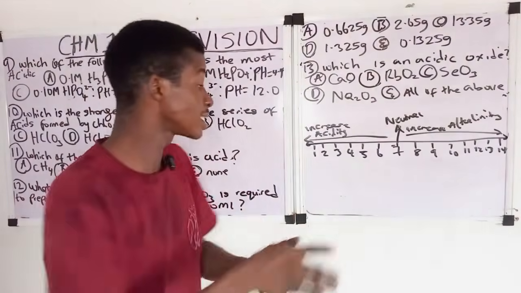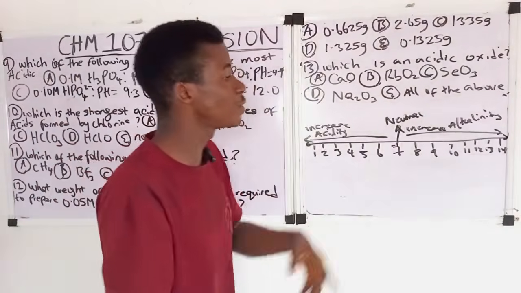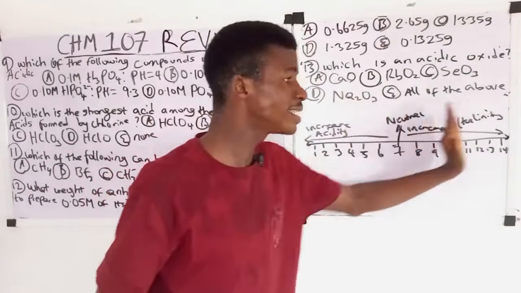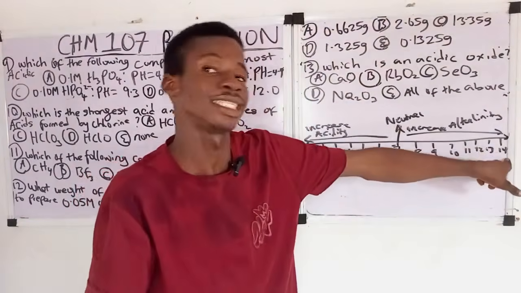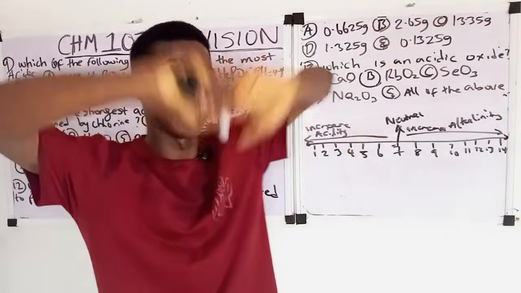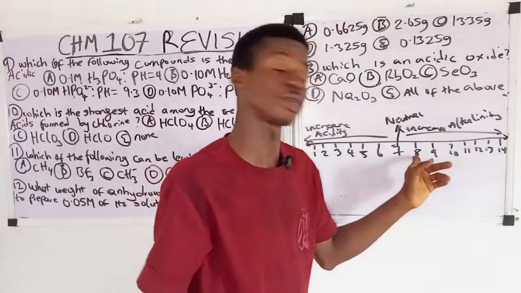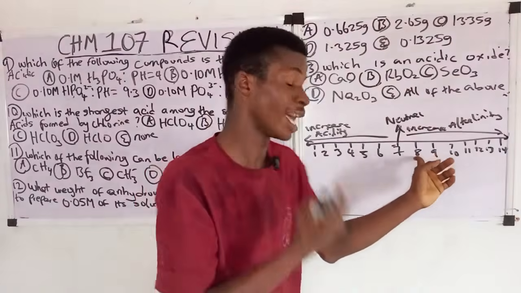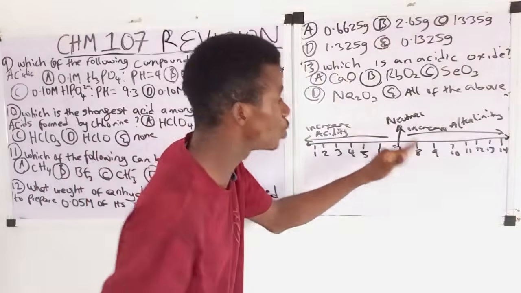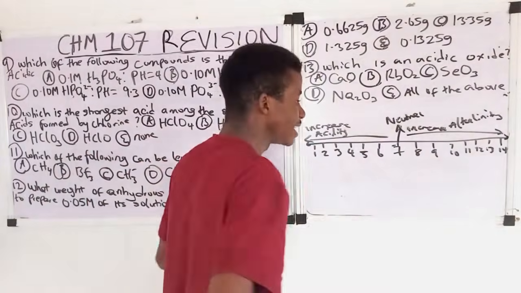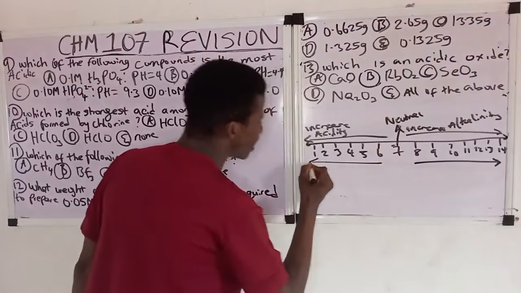If you go to this side, alkalinity increases. Substances with a pH of 14 are very, very basic compared to substances with a pH of 8, which are less basic. Alkalinity increases in this direction, acidity increases in this direction.